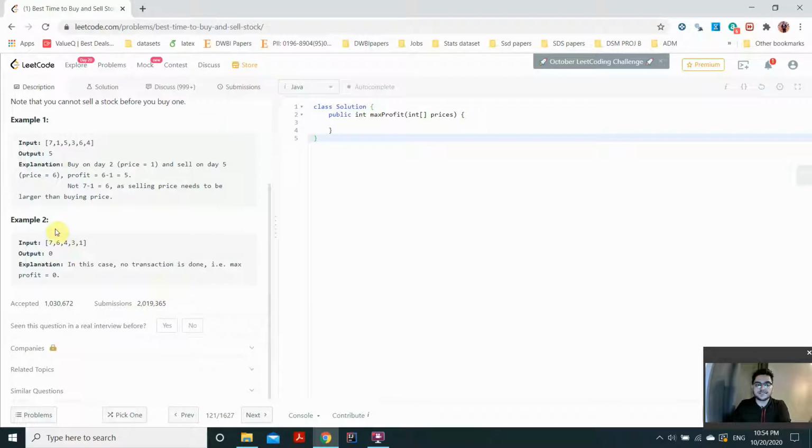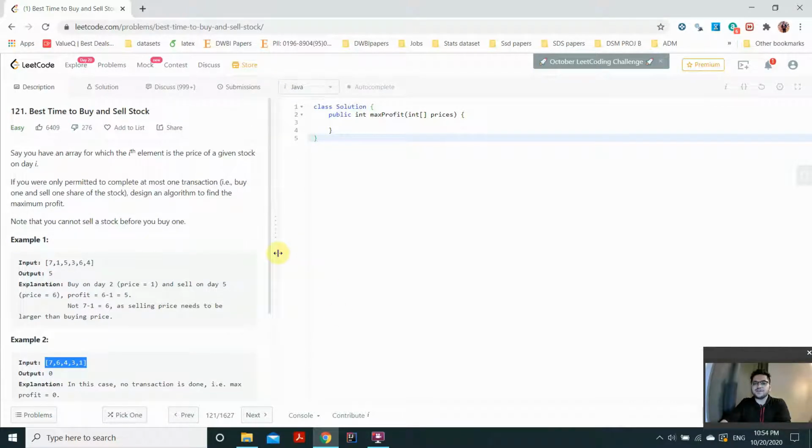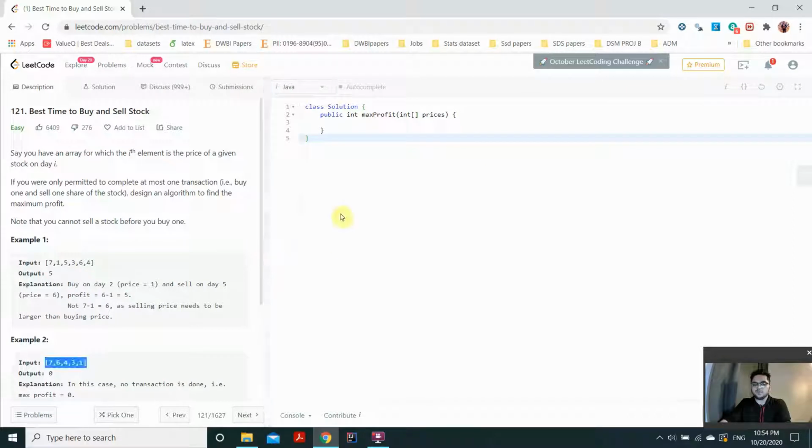If we consider the second example, there is only a downward trend in this input, so there is no point in purchasing a stock and then selling it, because it would lead to a loss at any point of time. So let's try to visualize it so we can see the pattern in this question.